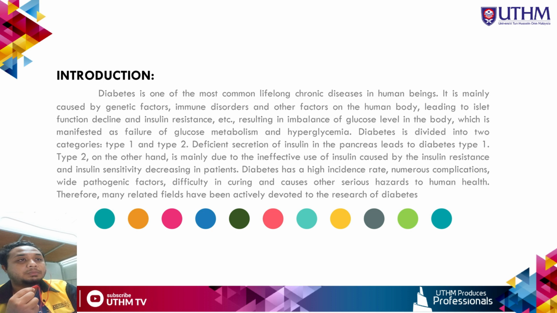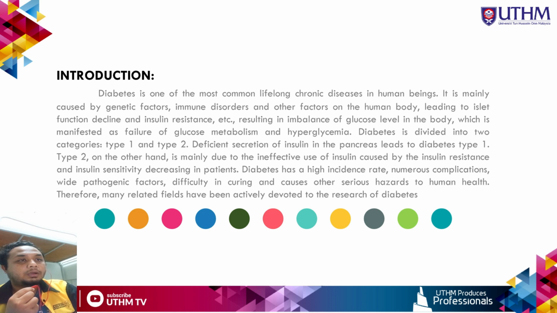So the introduction: diabetes is one of the most common lifelong chronic diseases in human beings. It is mainly caused by genetic factors, immune disorder, and other factors in the human body, leading to islet function decline and insulin resistance, resulting in an imbalanced glucose level in the body, which is manifested as failure of glucose metabolism and hyperglycemia. Diabetes is divided into two categories, type 1 and type 2. Abnormal secretion of insulin in the pancreas leads to type 1.